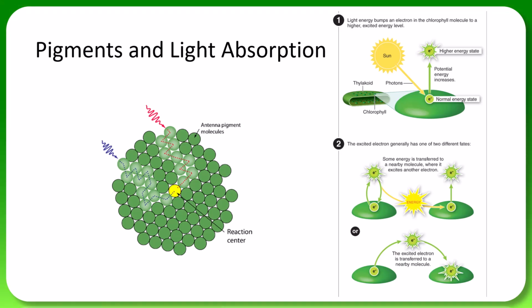Within a chloroplast, specifically within the thylakoid membrane of a chloroplast, there are all of these individual pigment molecules. Every single one of these little dots or circles is a pigment molecule. When light energy comes in, and these represent light energy, both the blue end and the red end of the visible light spectrum, these pigment molecules act like mirrors, and this light energy is kind of analogous to a laser.